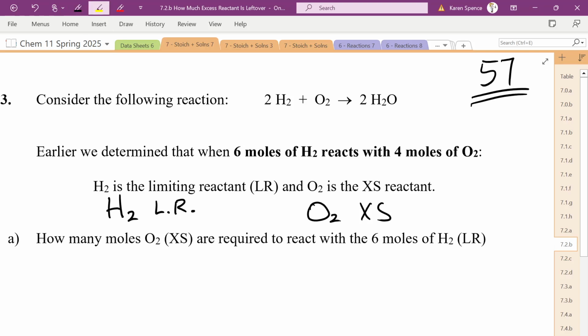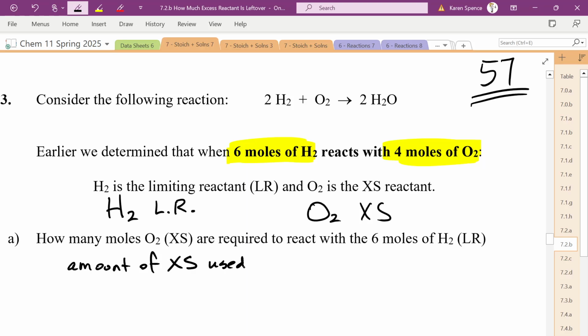That was on our previous worksheet. So what we're going to do, remember, is figure out how much O2 was used, so the amount of excess used up.